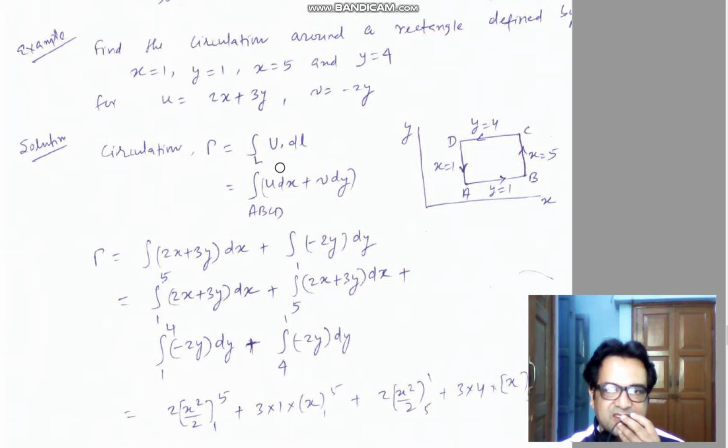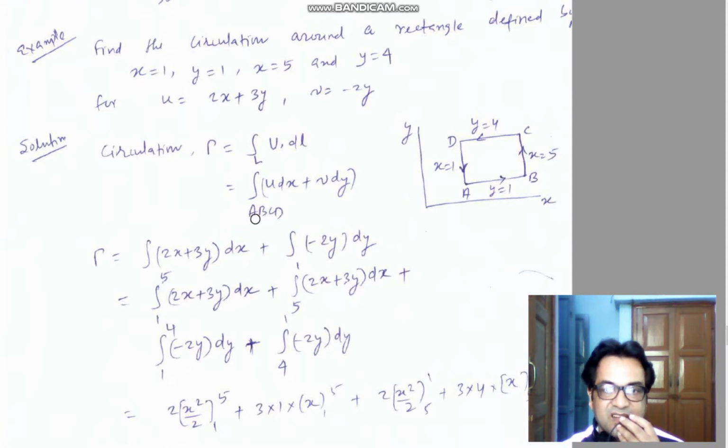Now what is circulation? It is the line integral of the velocity vector along the curves of the contour. So there are four lines, so you have to do four integrations. u dot dl means u dx plus v dy because it's a 2D flow only. If it is 3D, the w dz would also have come.